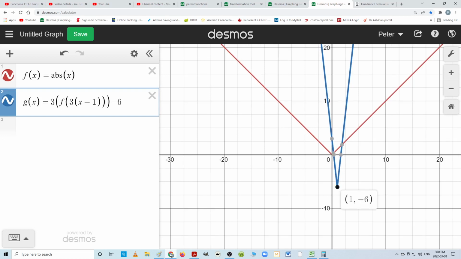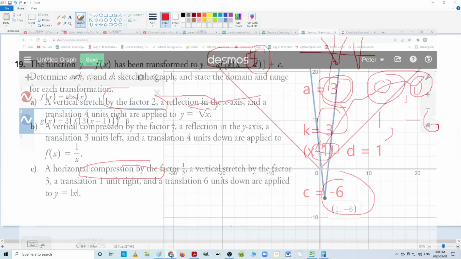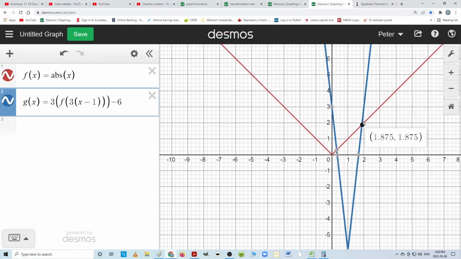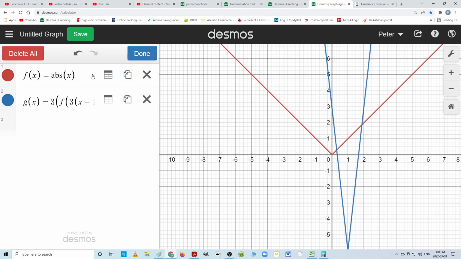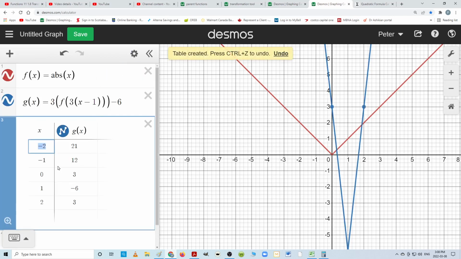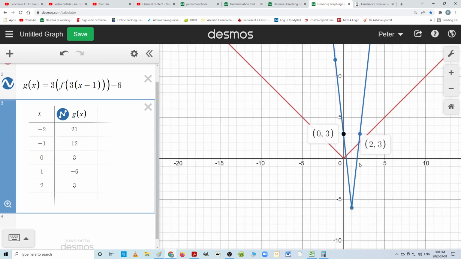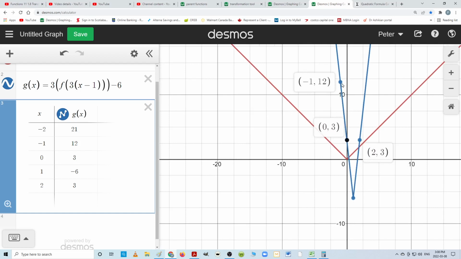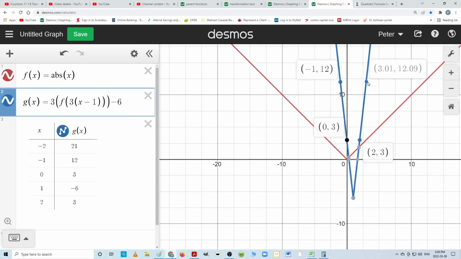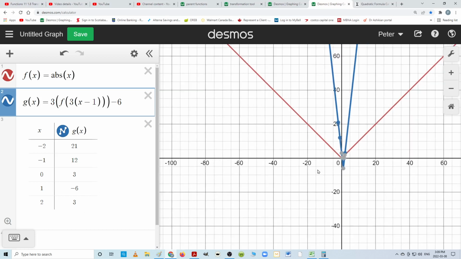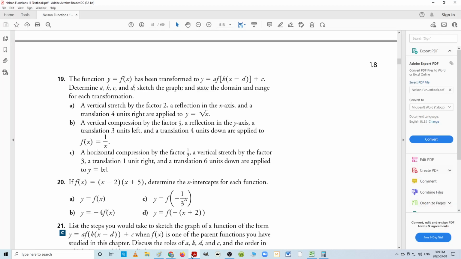There's the new vertex. And there's some other points too. Probably won't get clean points. Let's see some clean points here. There you go. There's some clean points. Very thin. Okay, I'm going to keep going.